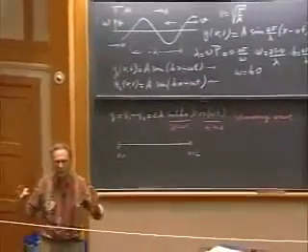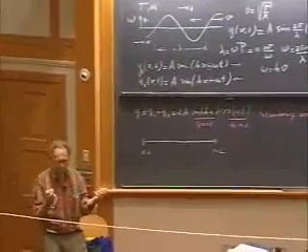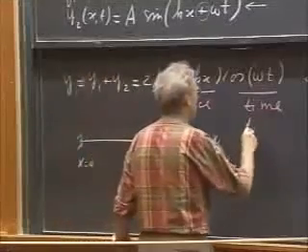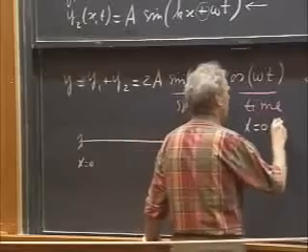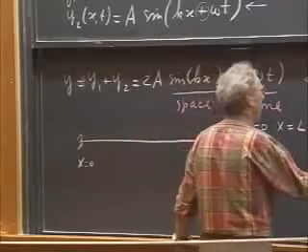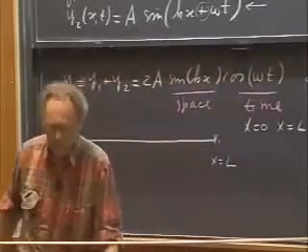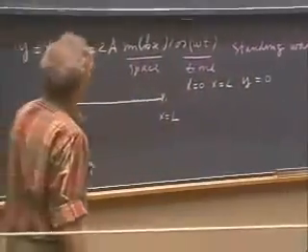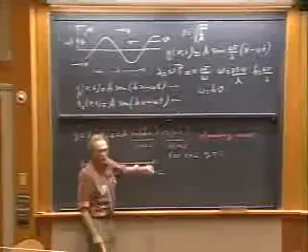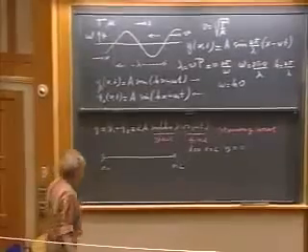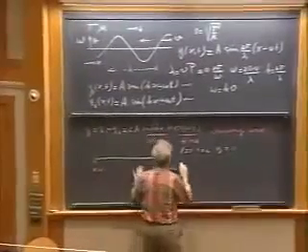Y cannot be anything but 0 there, because it's fixed. And so I now demand that at x equals 0, and at x equals L, y must become 0. And so the only way that that can be done is that you only allow certain values for k to exist.